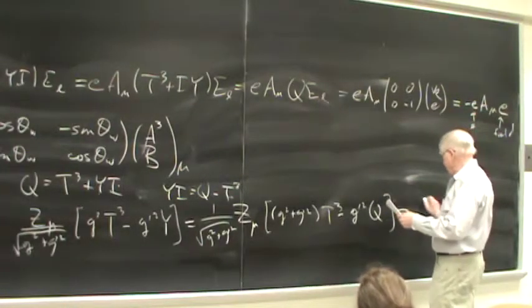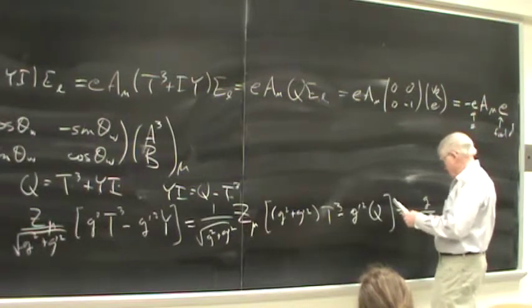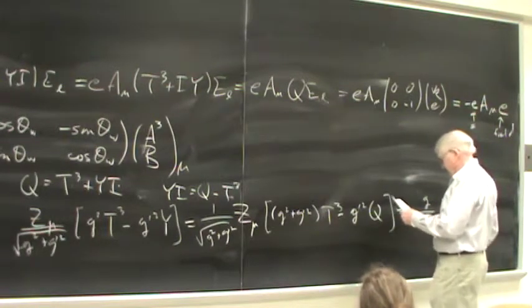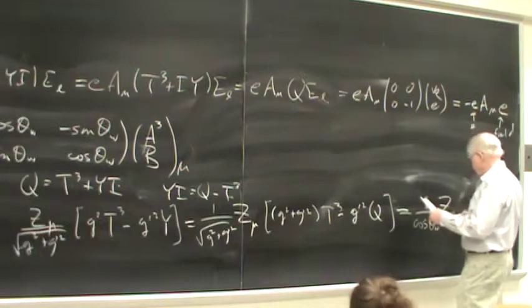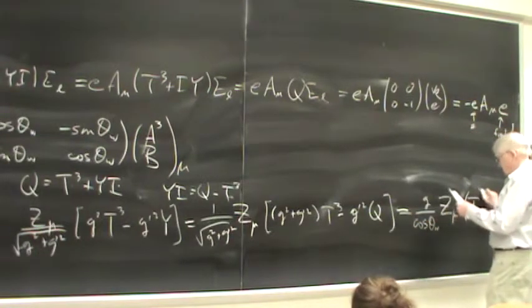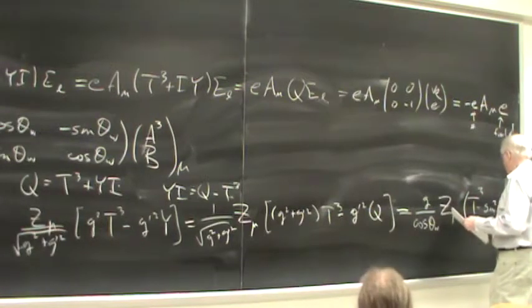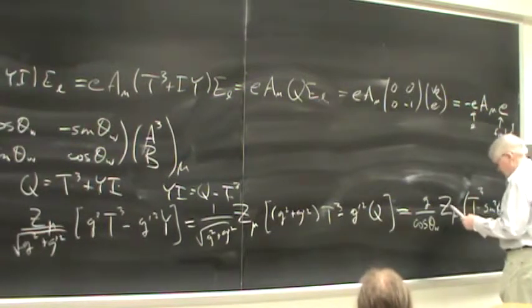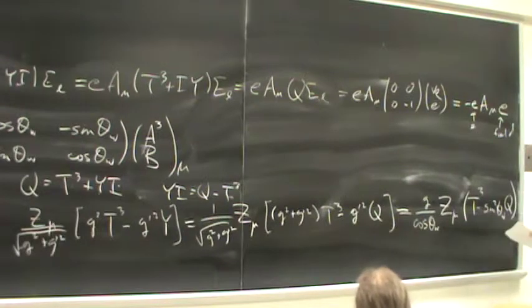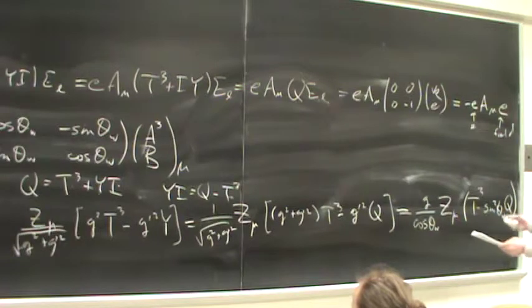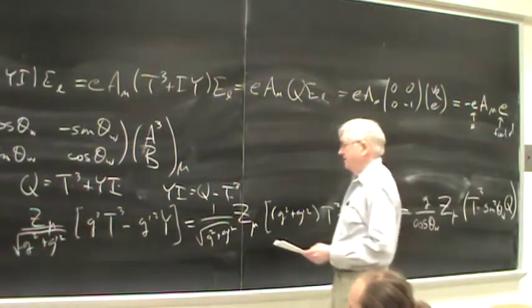We can rewrite this as g over cosine theta W, Z mu, T3 minus sine squared weak mixing angle Q. So that's a nicer way of writing the Z mu term in the coupling.